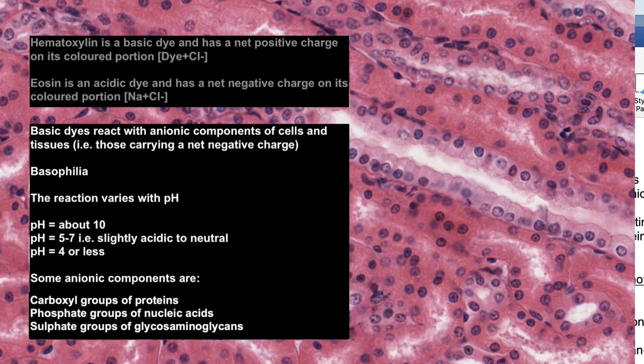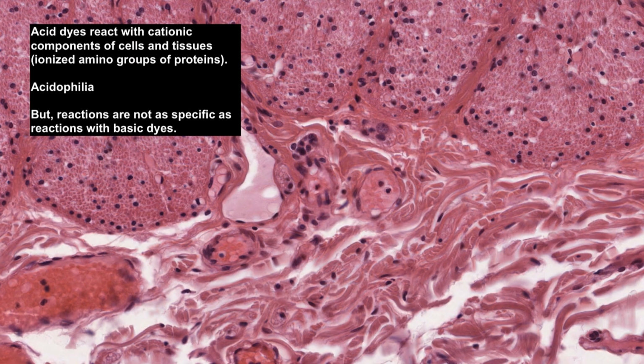Now let's define what we mean by acidophilia. Acid dyes, like eosin, react with the cationic components of cells and tissues, especially ionized amino groups of proteins. So when we look at the cationic components of cells and tissues that react with an acid dye such as eosin, then those components are said to exhibit acidophilia.